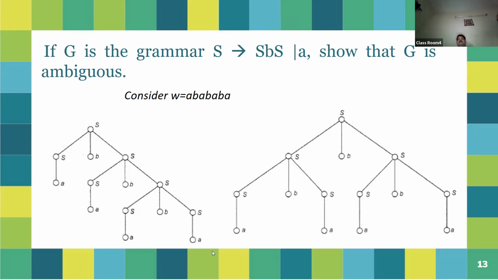Another way is that the string is not given to you. In this situation you have to generate a string, or consider a string that belongs to that grammar. Then on the basis of that, you have to find two leftmost derivations, or two rightmost derivations, or two parse trees, and you can easily declare that the given grammar is ambiguous.